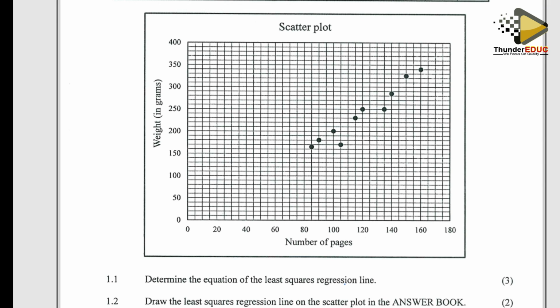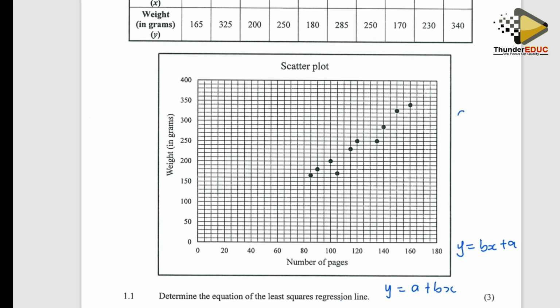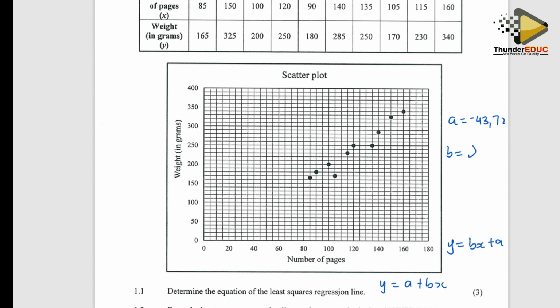The equation of linear regression is given as y is equal to a plus bx, or some people prefer writing it as y is equal to bx plus a. It could be a small b or a capital B, whichever. From the calculator, I'm getting my a value as negative 43.72, and my b value is 2.36 if I round off to 2 decimals.